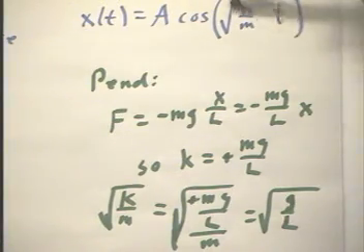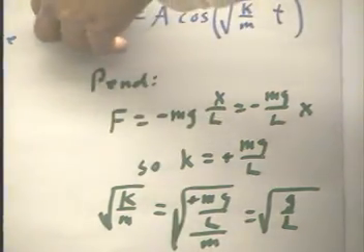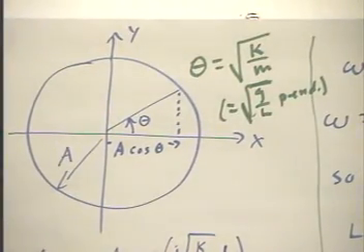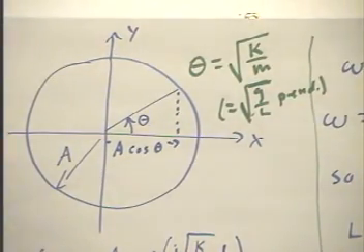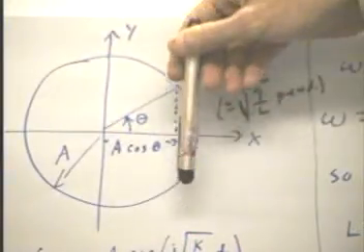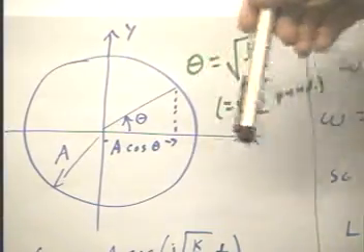Now we want to look at the significance of this term, so we look at the reference circle model. You just saw the pendulum going back and forth and keeping pace with a point that was moving around the reference circle, keeping pace with its x-coordinate.